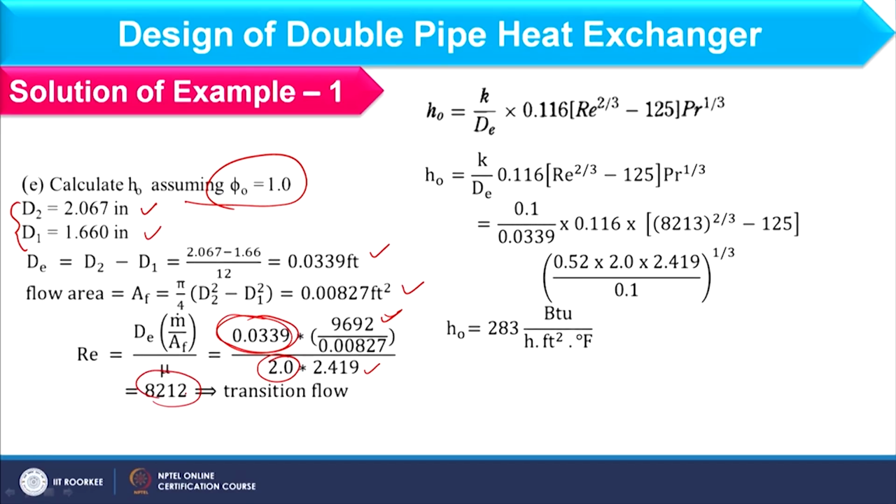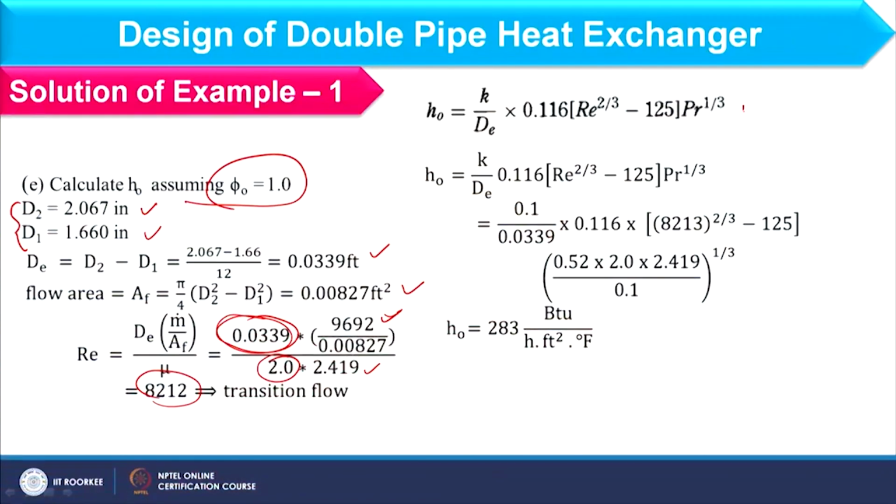So, if you see this range of Reynolds number, the flow is transition flow, okay. So, if I am having the transition flow, we have to use another equation which is shown over here, okay. So, you can consider this equation, okay.